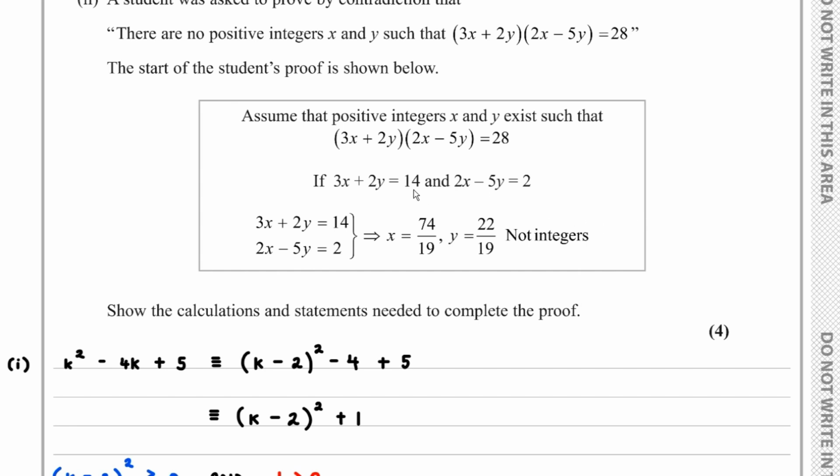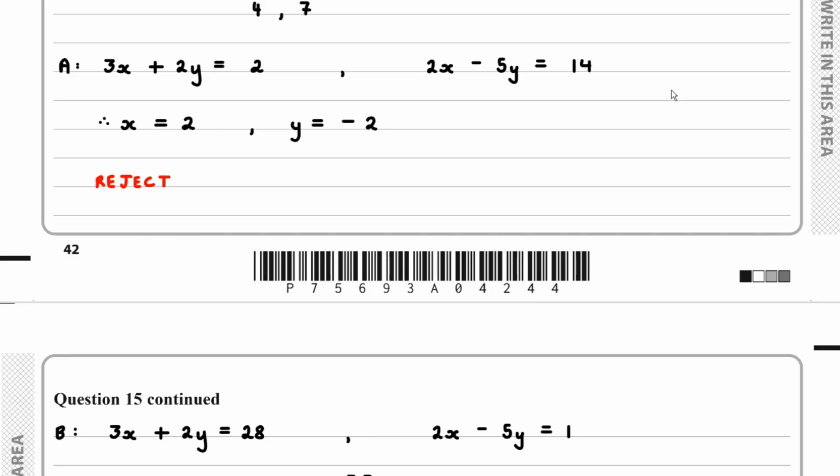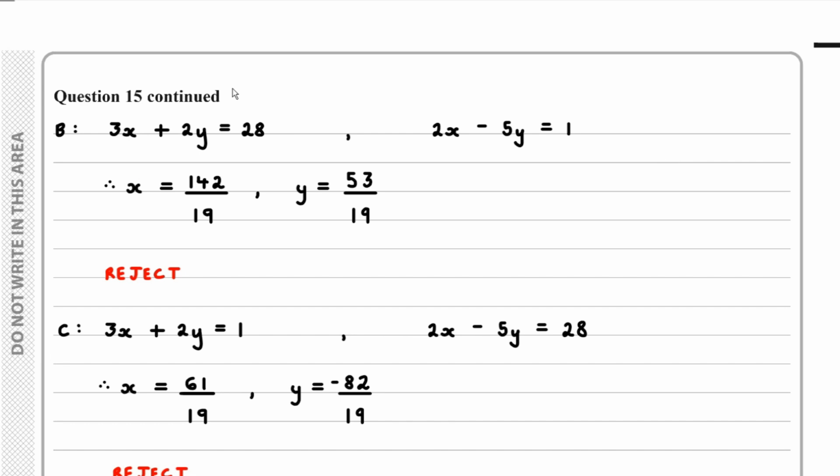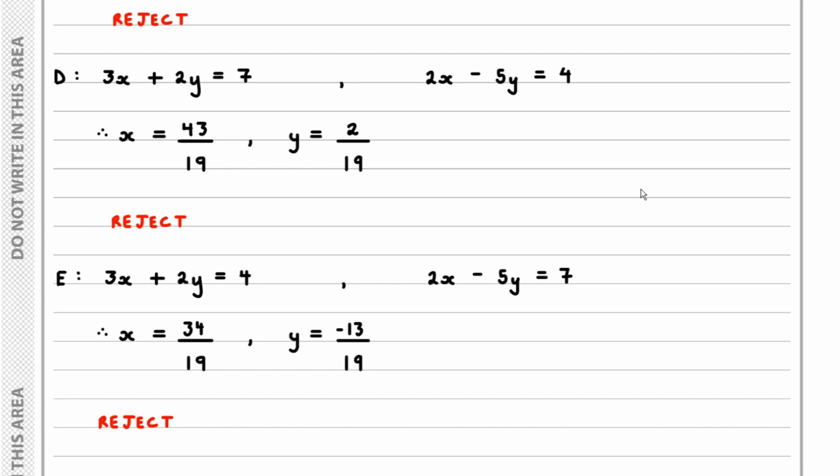Now, you will find in our calculations we have positive 14, positive 2. We have 2 and 14. Then we have 28 and 1 and 1 and 28. And then we had 7 and 4 and 4 and 7. We could have chosen the negative pairs of those as well.